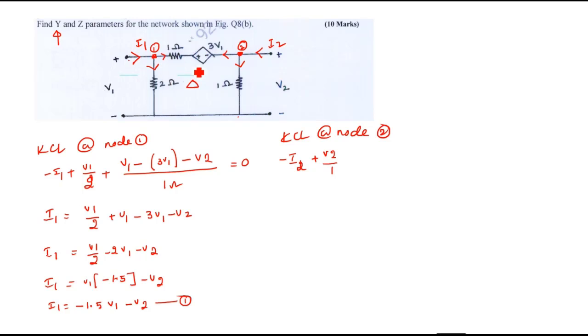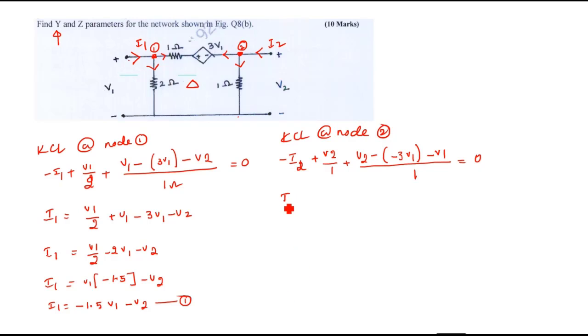Then the total voltage of this branch is because of three voltages: one at node 2, one at node 1, and because of this voltage. So with reference to V2, minus 3 into V1 and minus V1, divided by the total resistance of this branch, which is 1, equals 0.